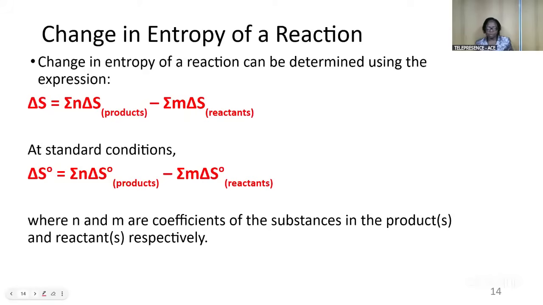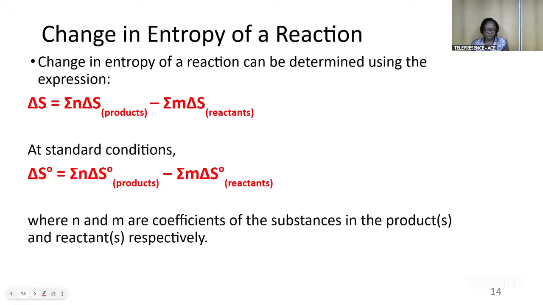So for a reaction, maybe not just the system now, for a reaction, we also apply change in entropy, and that means that we will consider the reactants and then consider the products. In this case, you need to know the balanced chemical equation for that reaction.